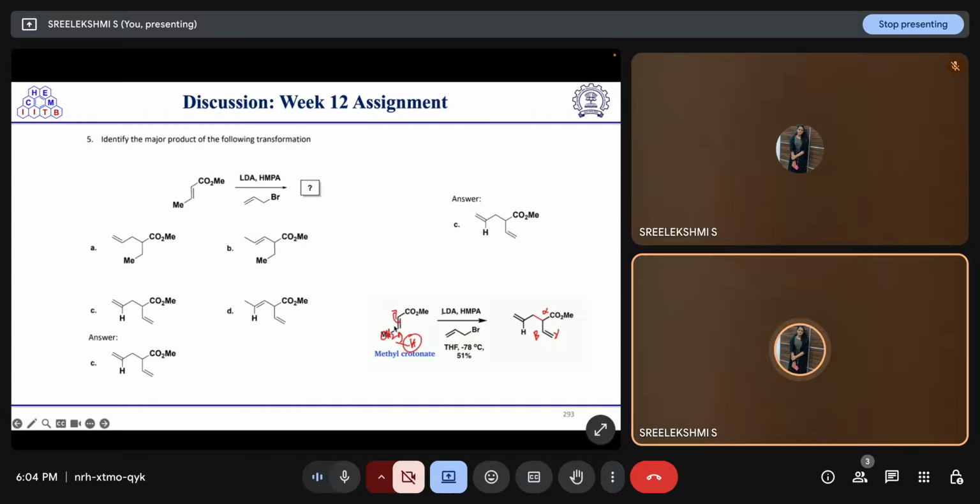Not that position, this position. So this proton abstraction will take place from this methyl group. This will shift over here, this position is attacking over here, and this will shift to here, and Br minus will leave to give this compound in 51 percent yield. So the correct answer would be option C.